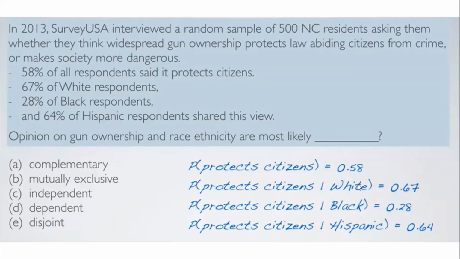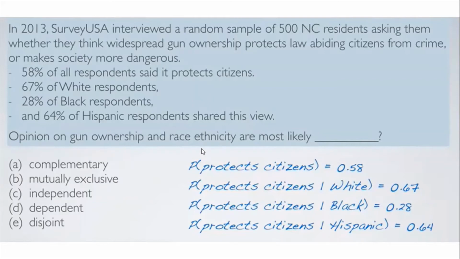So based on the ethnicity, the probability of people thinking that gun ownership protects citizens varies. So it means that gun ownership and race ethnicity are dependent, or related.